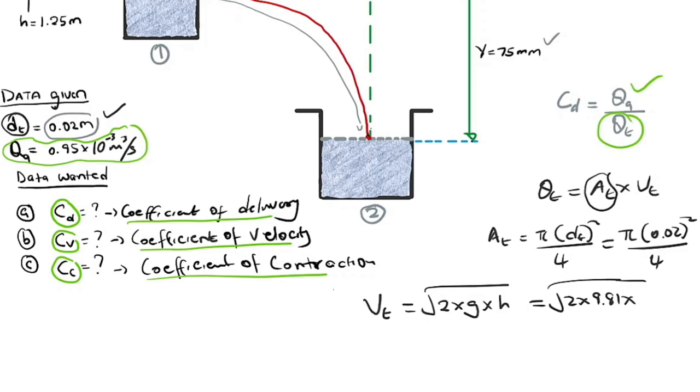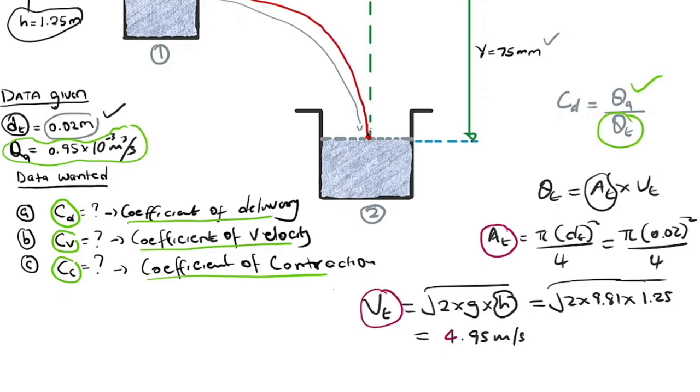The pressure head, this H here, is 1.25, which gives 4.95 meters per second. That is the theoretical velocity. Now you have a theoretical area and a theoretical velocity. When you multiply these two, it gives you the theoretical delivery.